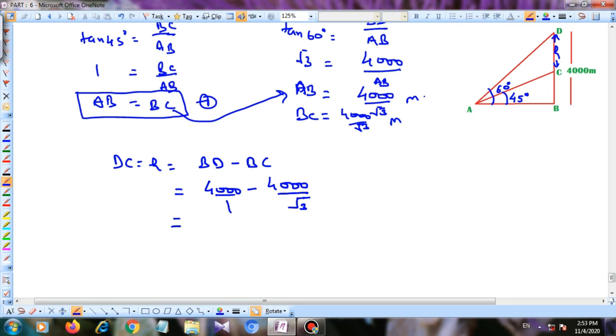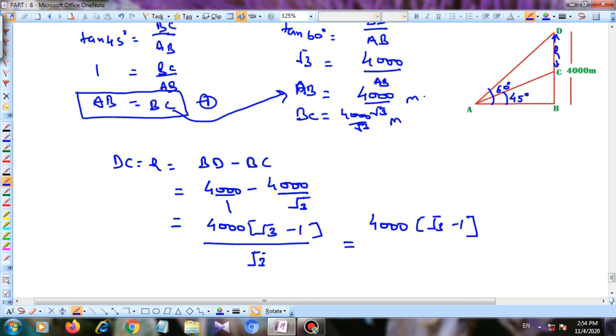Then you will get 4000 as common, bracket root 3 minus 1 upon root 3 into root 3.